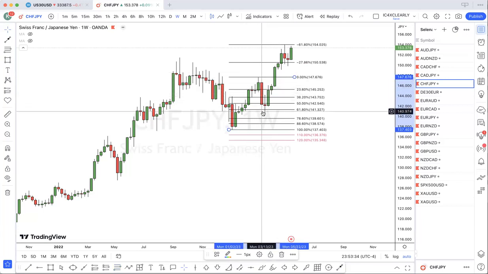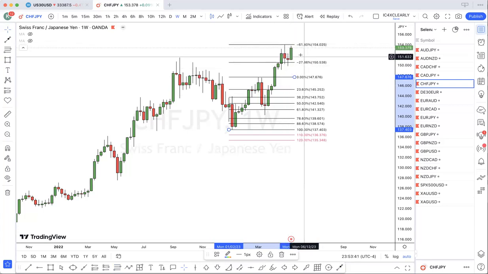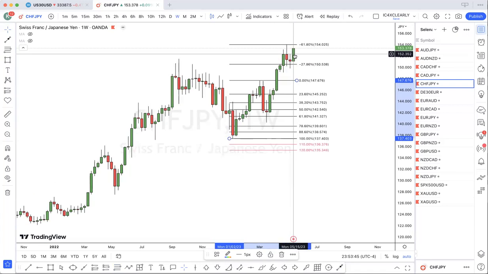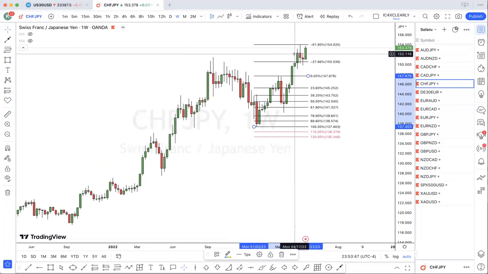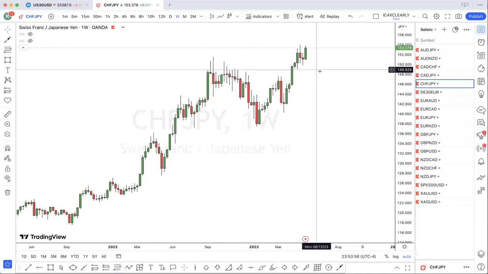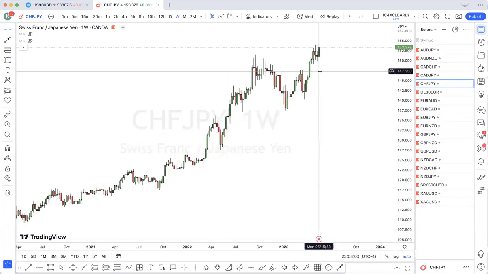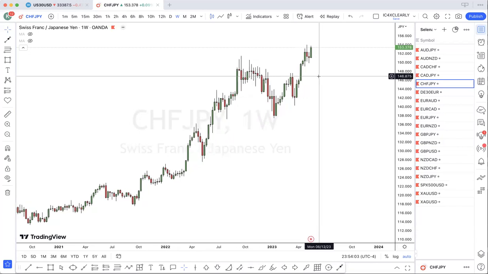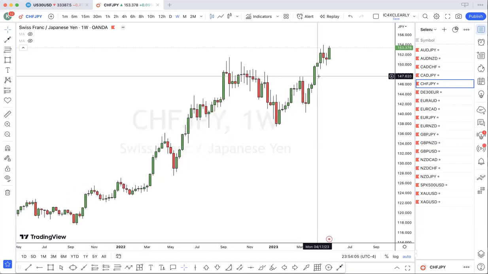Yep, so price pulled back to the 618 and tapped out at the negative 618. So I would be very careful with this bullish order block, as it may turn around and be a bearish order block. With that being said, tread lightly with CHF JPY.